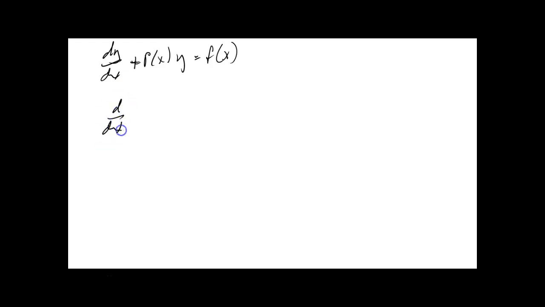Here's what they're going to do. d/dx of a product. This product is some unknown mu of x times y. Okay?